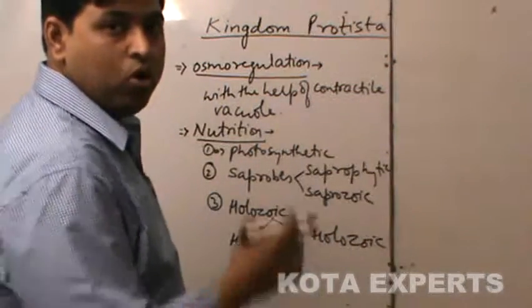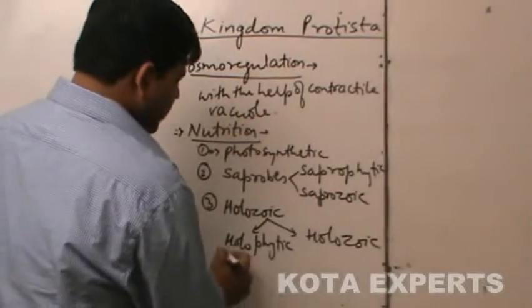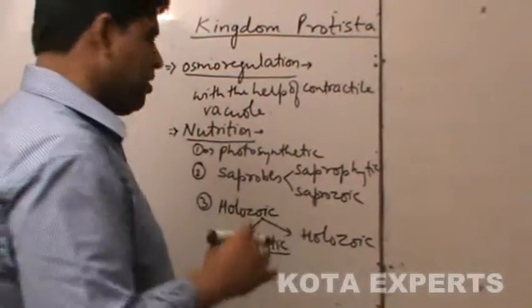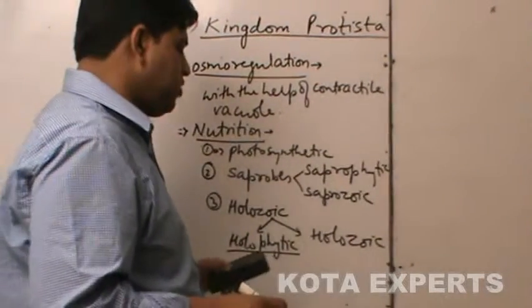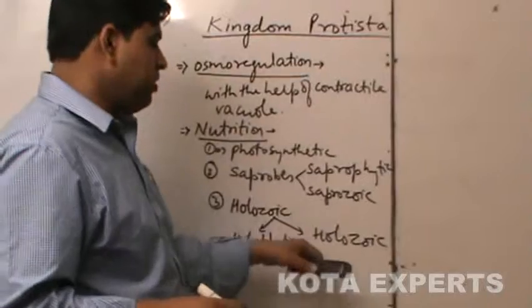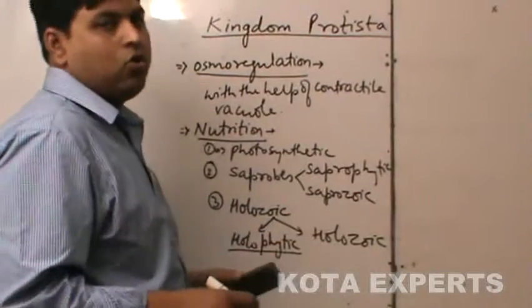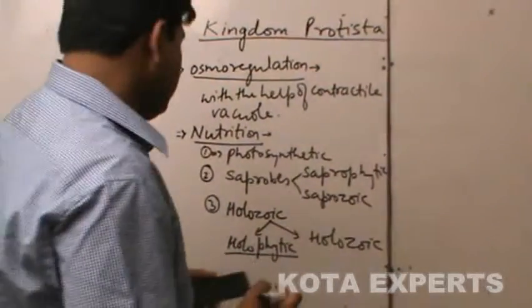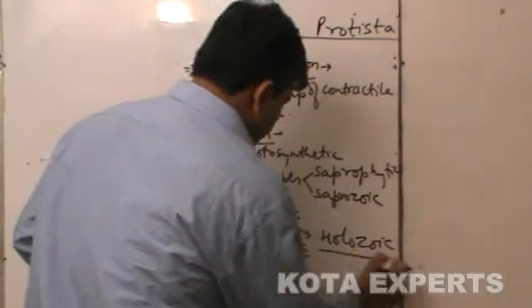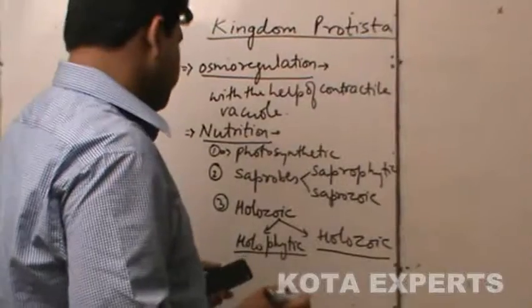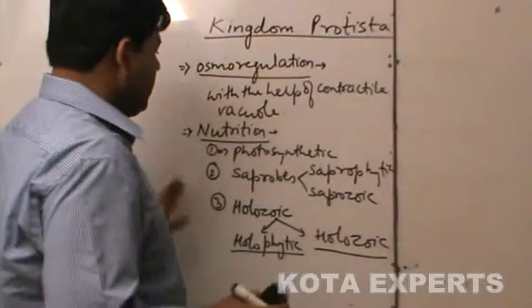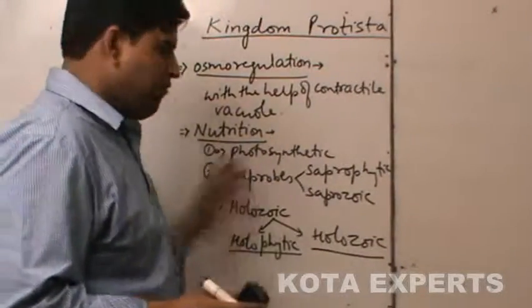Phytic means plant. When they engulf a whole plant, it is known as holophytic nutrition. When they engulf a whole animal, it is called holozoic nutrition. This is the type of nutrition which they follow.